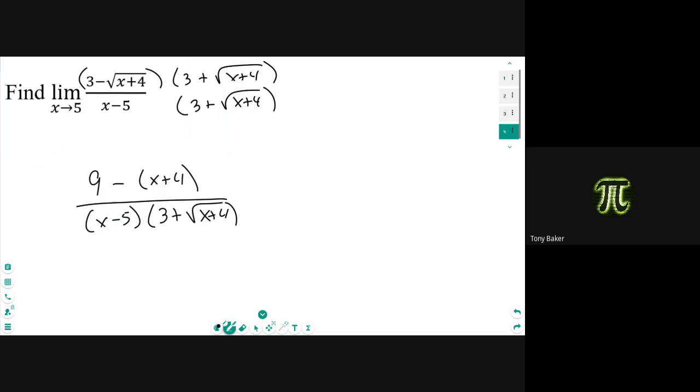Yeah, let's simplify the top down. So 9 minus 4 is 5 minus x. Okay. Still can't plug in 5.